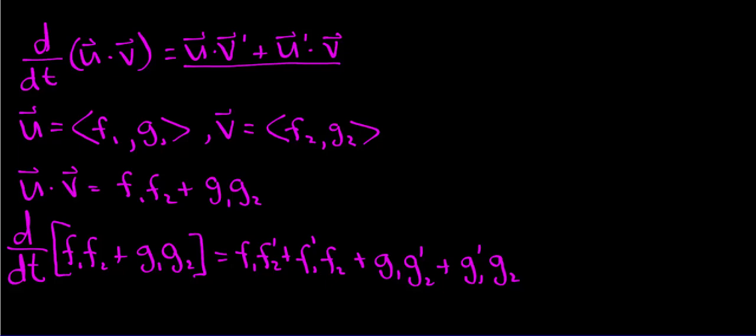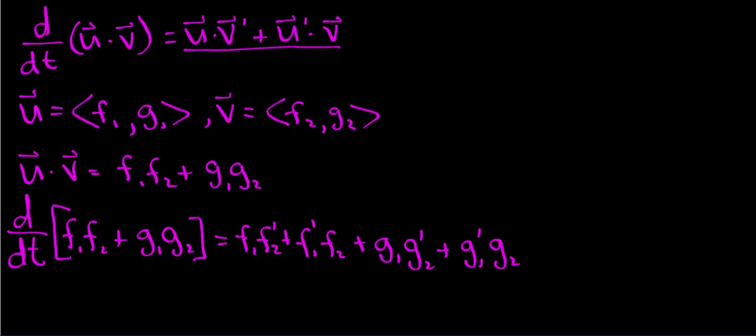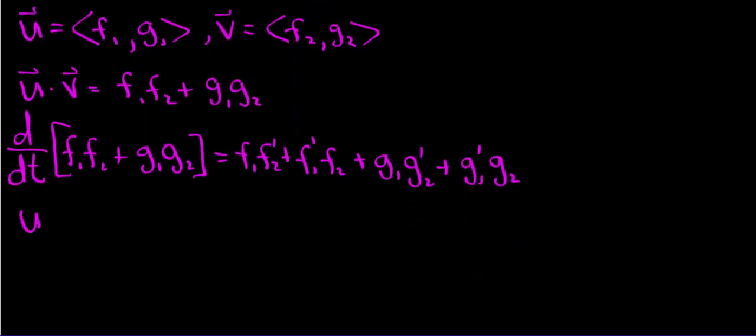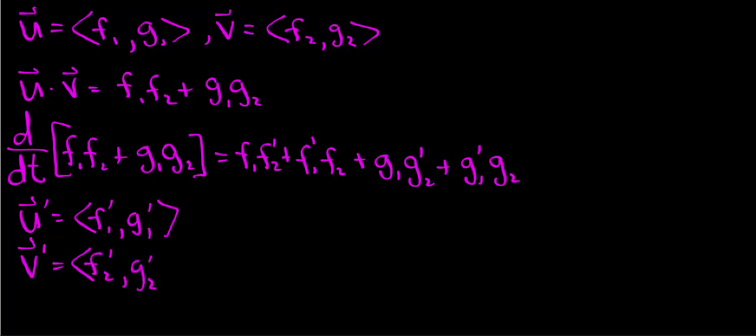Now let's think about the derivative of u, which is going to be f1 prime, g1 prime. And then the derivative of v, which is going to be f2 prime, g2 prime. So there's u prime and v prime.